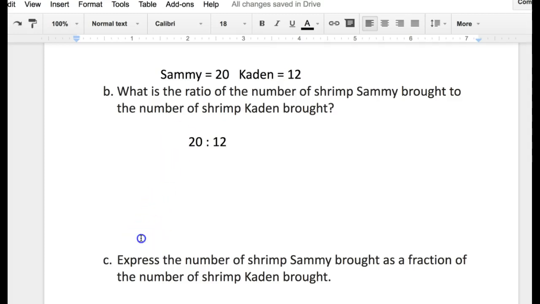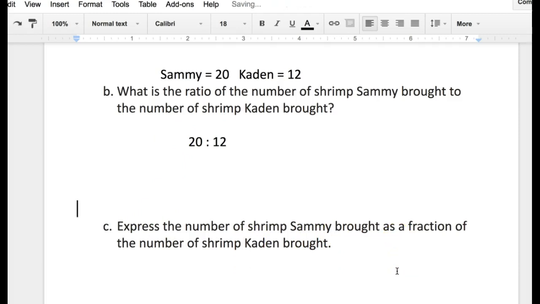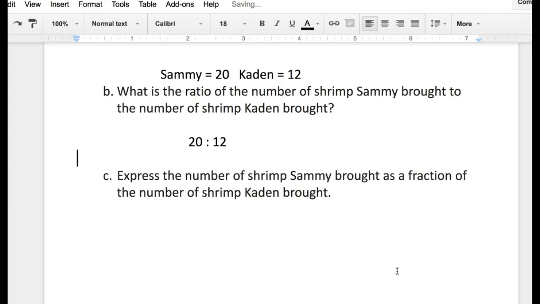C is asking us now to express the number of shrimp that Sammy brought as a fraction of the number of shrimp that Caden brought. So what that means is they want us to write the value of this ratio, and they want us to do that by writing it as a fraction. So go ahead on your own and type it in.